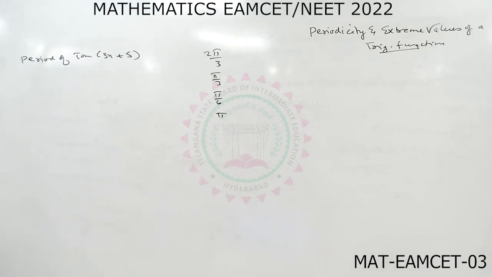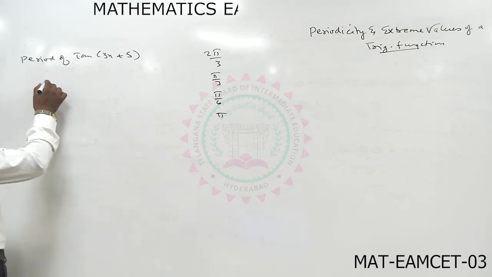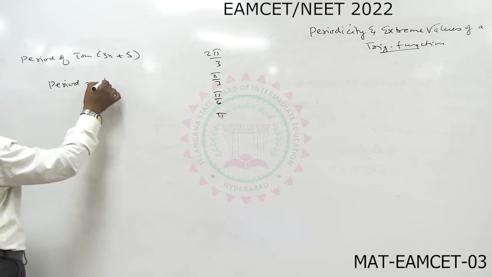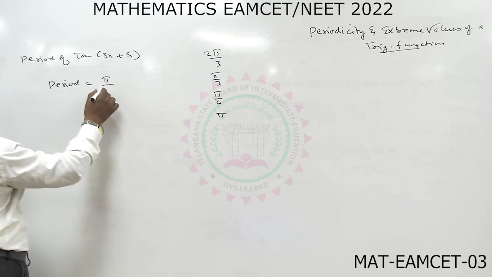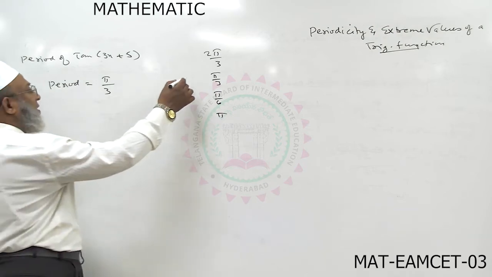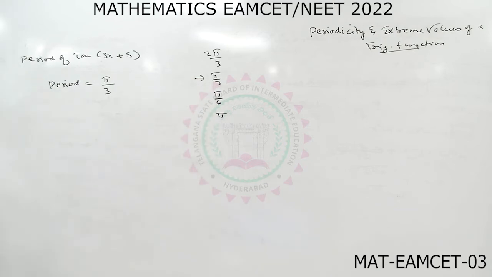As I told you, the period of tan is pi. Therefore the period is equal to pi by a. What is a? 3. That is pi by 3. So my option is the second one. Right? Next.